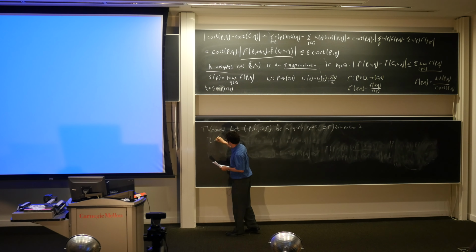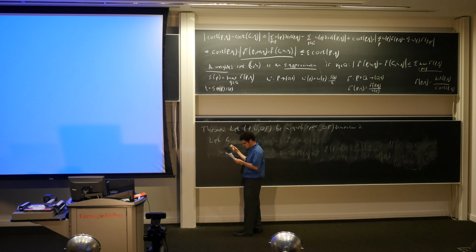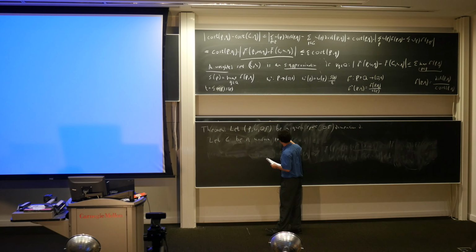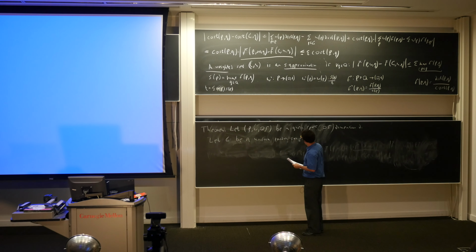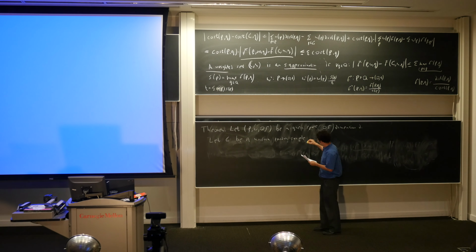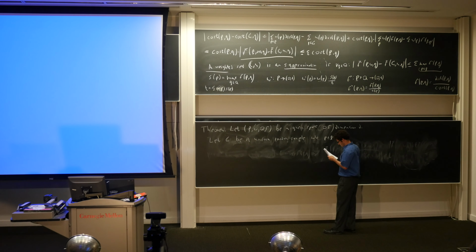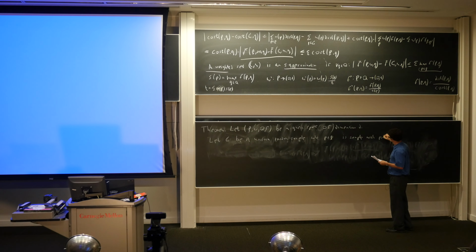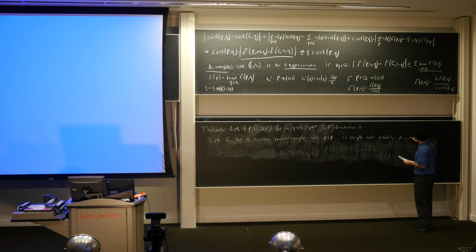Now just take a uniform random sample. This is kind of the classic coreset. Let C be a uniform random sample where each P in P is sampled with probability proportional to its weight.